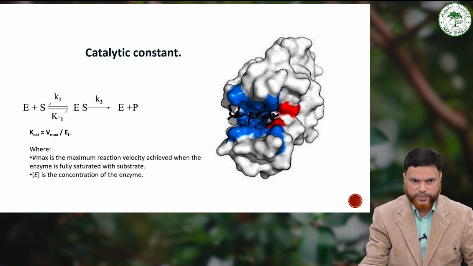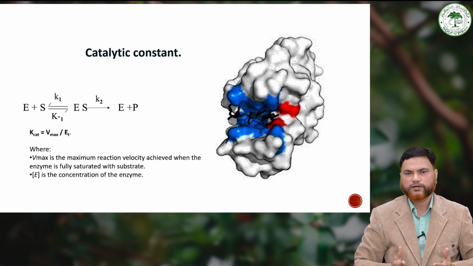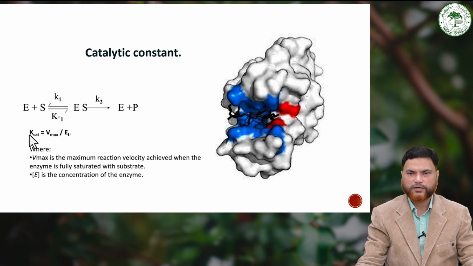Now this is a very important aspect, the catalytic constant of an enzyme. We will go into the details of what the catalytic constant is. The catalytic constant of an enzyme is often denoted by Kcat. This is also referred to as the turnover number and represents the maximum number of substrate molecules converted to product by a single enzyme molecule in unit time when the enzyme is fully saturated with substrate.